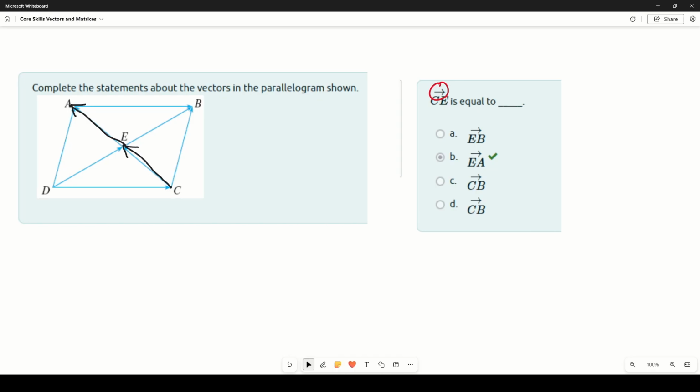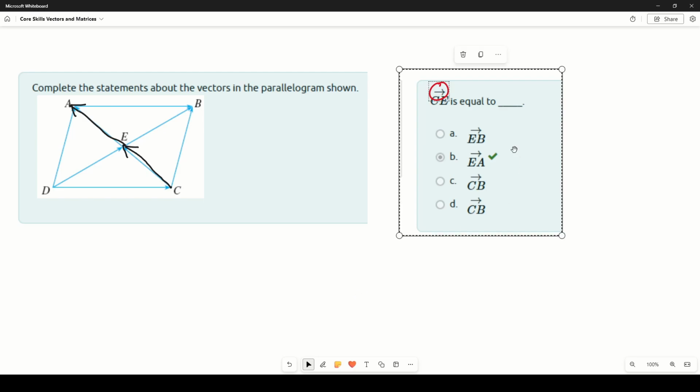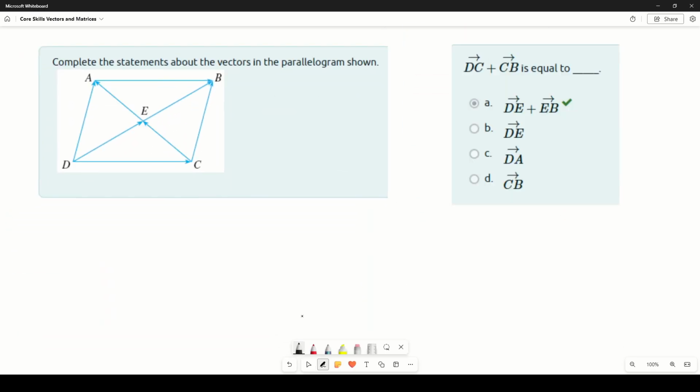Now let's head on to question 2, which brings us on to a little addition. We can actually go into a very detailed explanation of this question, or we can use a little trick that we basically figured out. And honestly, if you just use that trick, it's gonna make this a lot easier on you. In this case we have DC plus CB.